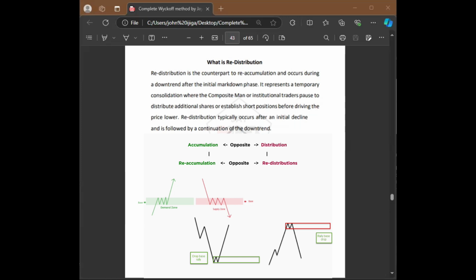In a continuation trend, you are looking at a reaccumulation and a redistribution. In a reversal trend, you are looking for an accumulation or a distribution.